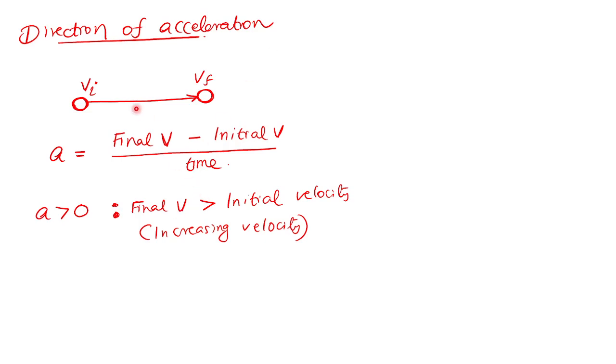Why? Because acceleration has the formula change in velocity by time. Change in velocity means final velocity minus initial velocity by time. So to check the sign of the acceleration, you just check whichever of final velocity and initial velocity is larger. If final velocity is greater than initial velocity, acceleration is positive.